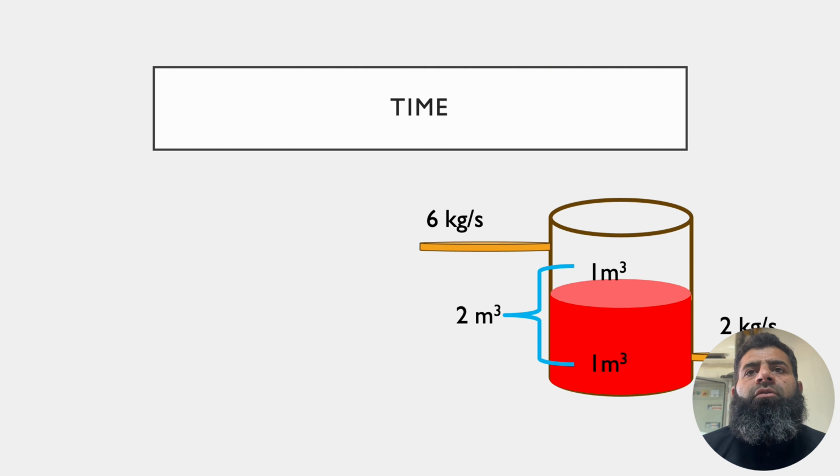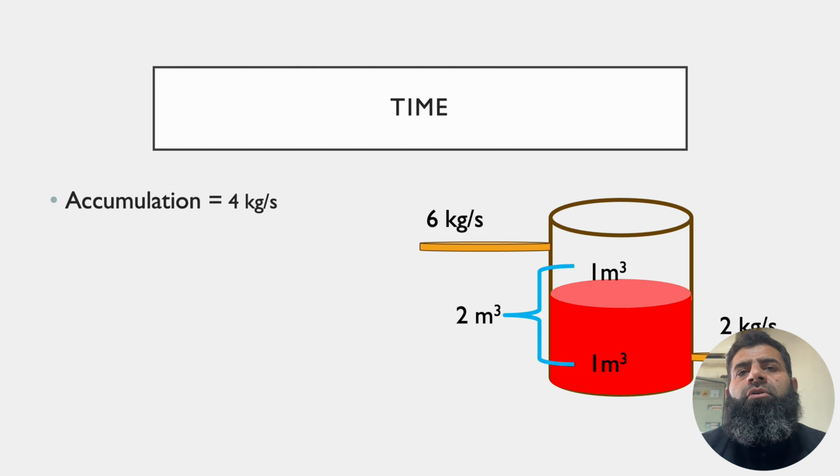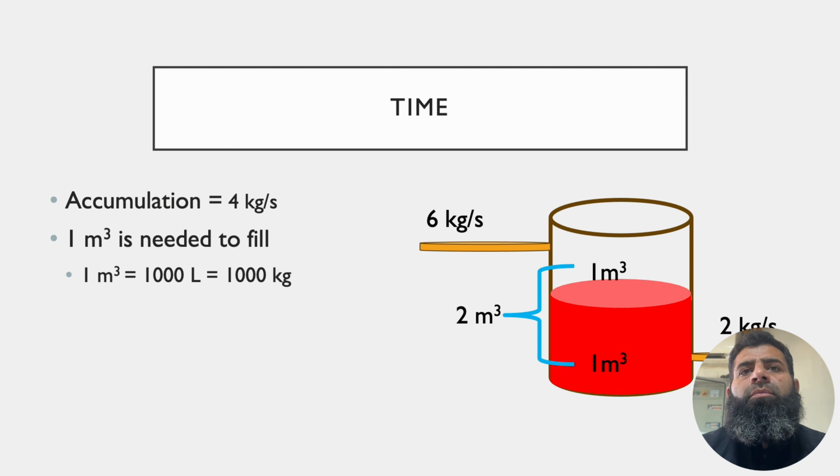empty. Our accumulation is 4 kilogram per second, which is in kilogram, while the capacity of the tank is in cubic meter. So we have to convert cubic meter into kilogram, or kilogram back to cubic meter.